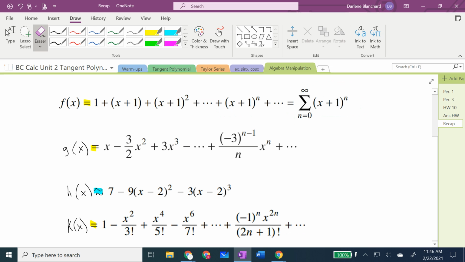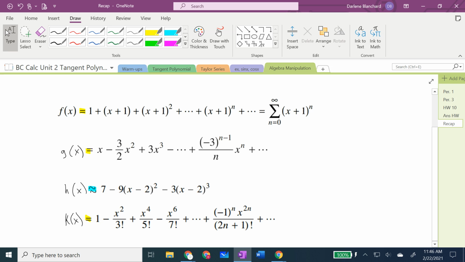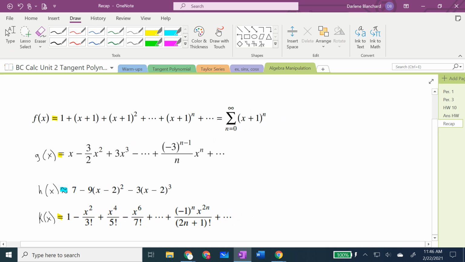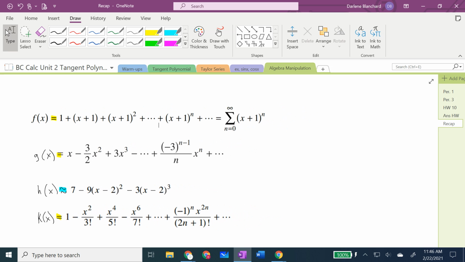Now, the next thing I want to ask you is, can you determine the center of the power series that is representing each function? What is the center? And the center basically means the x-coordinate of the point of tangency, so to speak.